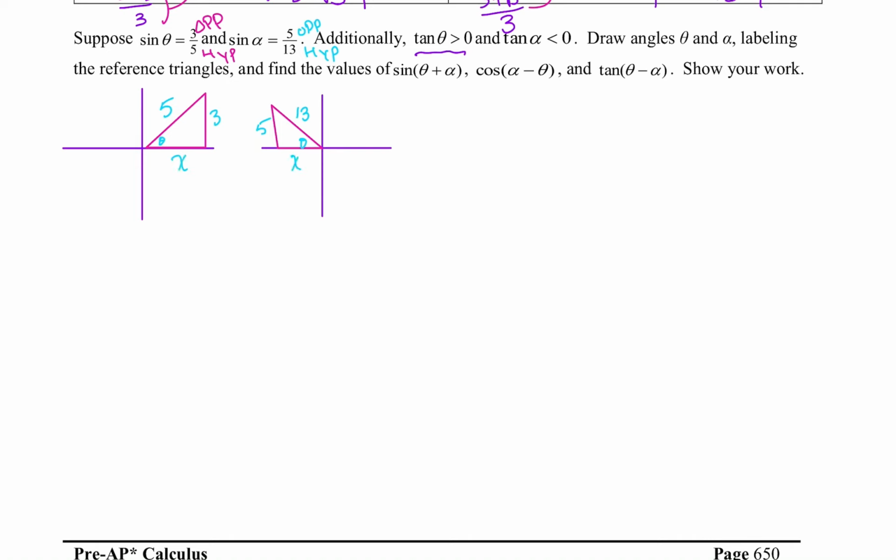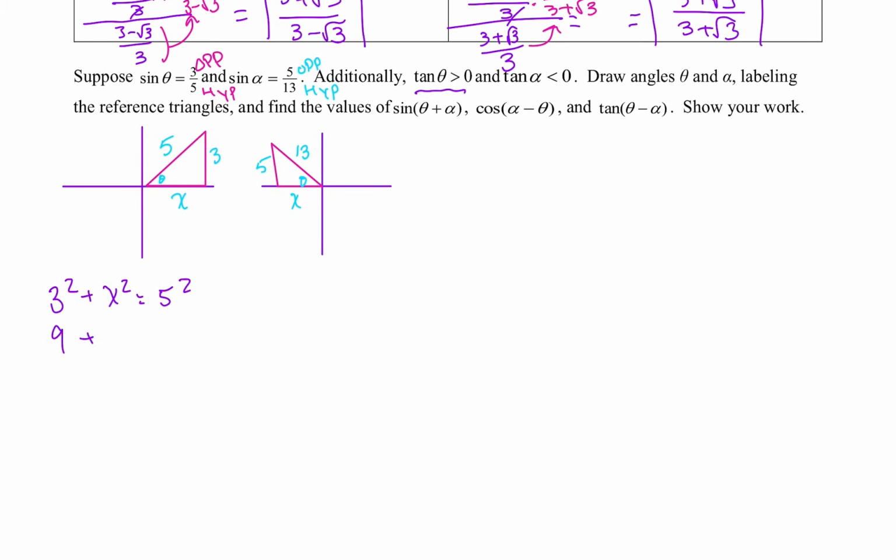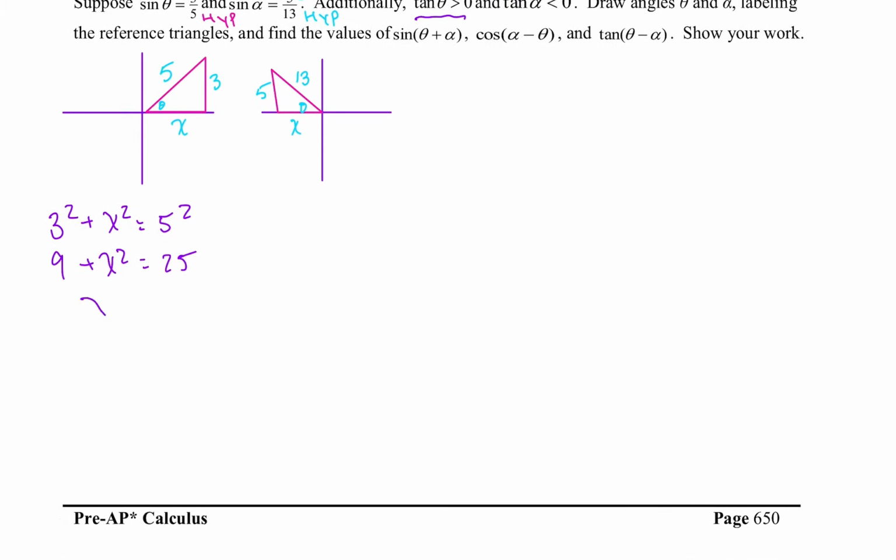So we're going to do the Pythagorean theorem to find this missing side. I want to know what this side is over here, and I want to know what this side is over here. So for the first one, I've got 3 squared plus x squared equals 5 squared. 5 has to be the hypotenuse. So I get 9 plus x squared equals 25. x squared would equal 16, so x equals 4.